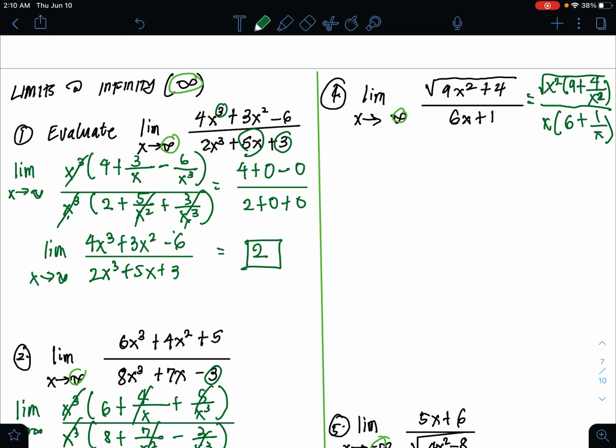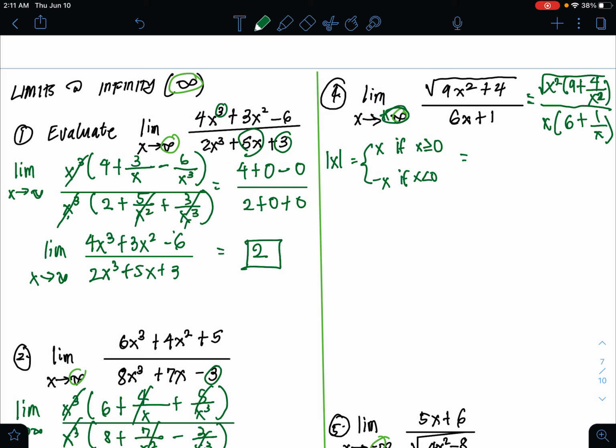So, the definition of absolute value of x: x if x is greater than or equal to 0, plus negative x if x is less than 0. So, this is positive infinity, so therefore ang kuhaon na to na x value is ang positive x.